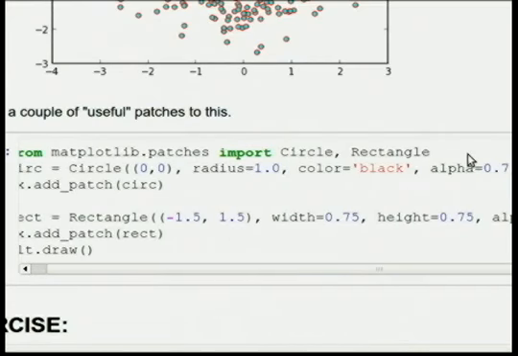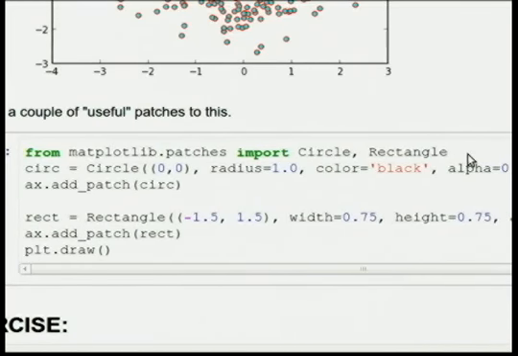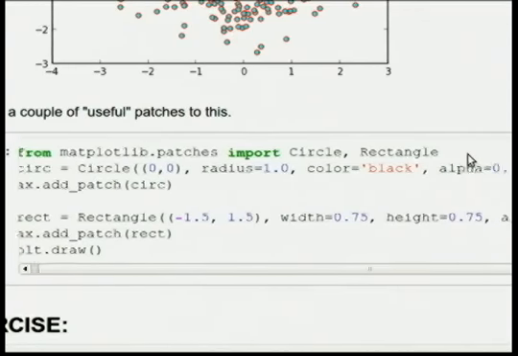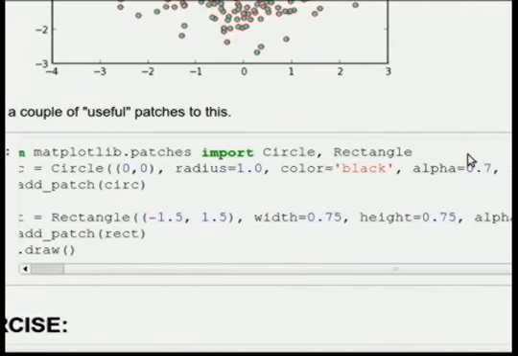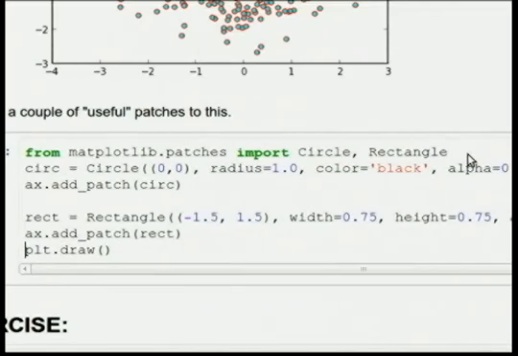And actually we'll make it a light blue, not black. It'll have a black outline. Add that as a patch to the axes, and then we'll make a rectangle. This will be the lower left corner, at negative 1.5, 1.5. The width is 0.75 and the height is 0.75. Also make it a little translucent, and for fun we'll make it purple. Add that and draw it.